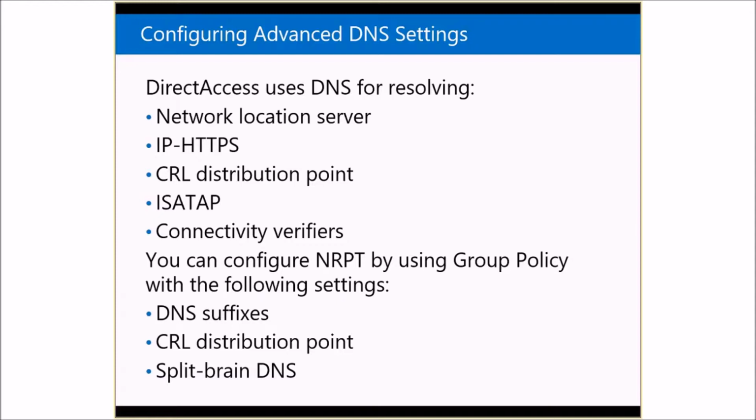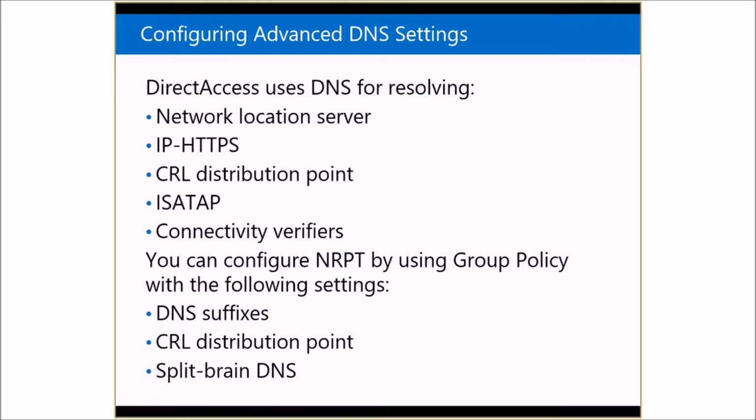So, DirectAccess uses DNS, like a lot of things use DNS. We need DNS for resolving the network location server, the IP-HTTPS, the CAL distribution point, and the ISATAP connectivity verifiers, and you can configure NRPT by using group policies with the following settings: DNS suffix, the distribution point, and split brain DNS.